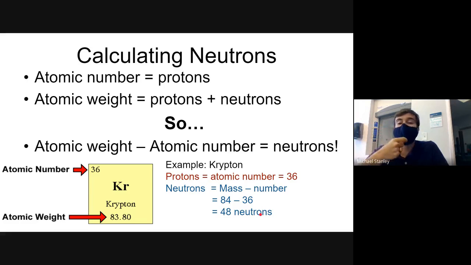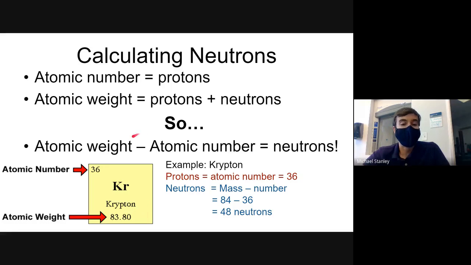The most common thing that people sometimes get confused about is they think that the atomic weight is the number of neutrons, just like the atomic number is for protons. Don't do that. Remember, for neutrons, you always have to do a calculation. And sometimes people get confused and try to add the atomic number and the atomic weight, or do division or multiplication.